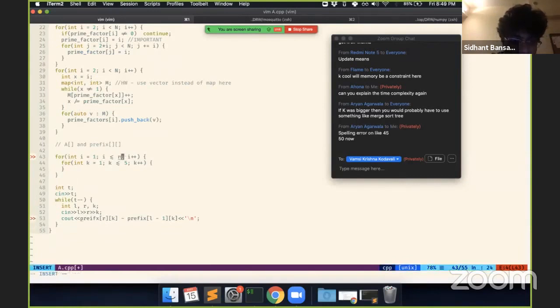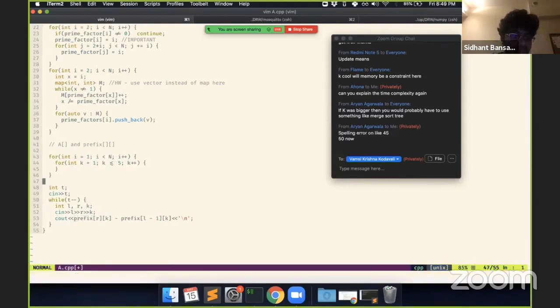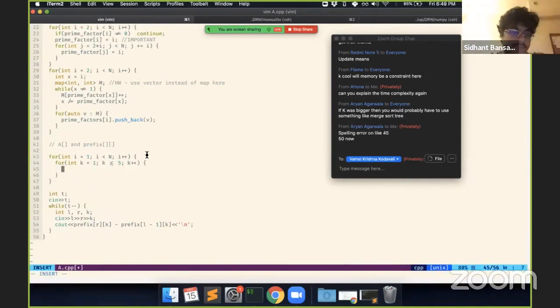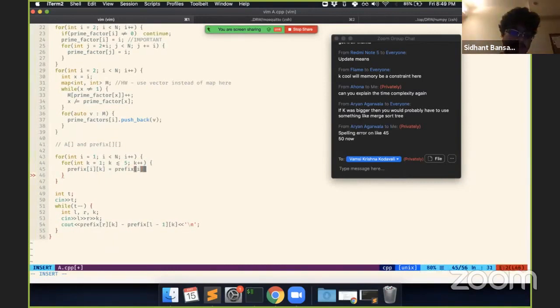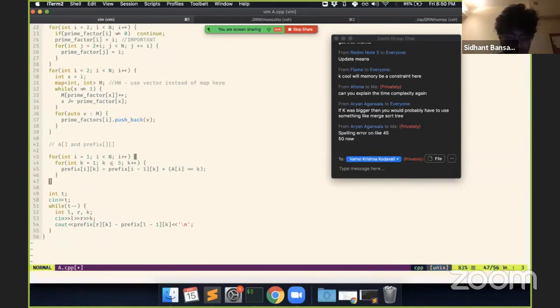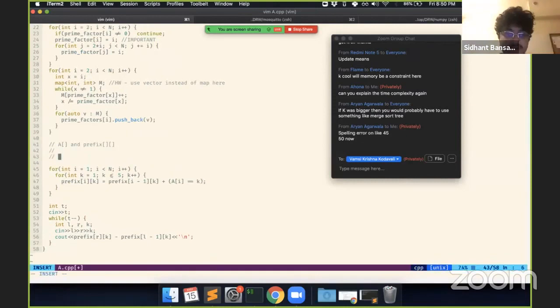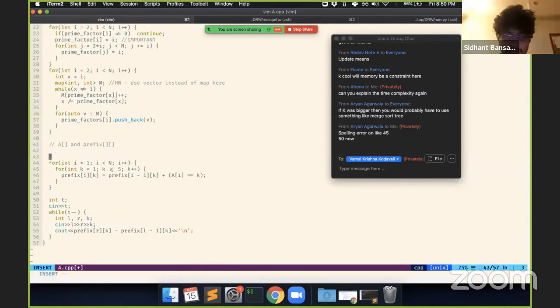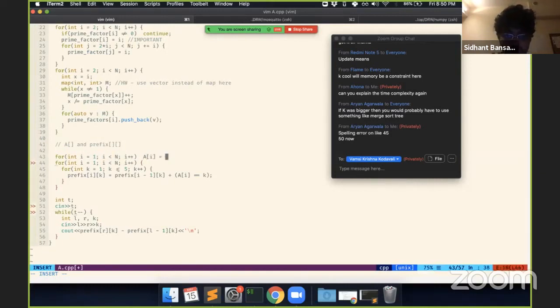You have this prefix[i][k] equals prefix[i-1][k] plus (a[i] equals k). That's it, and you're done. That's how your prefix array is created, given you have the A array. Now, how will you create the A array? A[i] is equal to what?